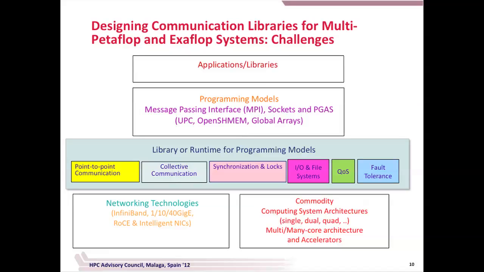Here you will see the standard library or runtime which comes into the picture. You can have an MPI runtime, or a library or runtime to support hybrid programming models. Inside that, you need to focus on things like point-to-point communication, collective communication, synchronization, I/O, file system, QoS, and fault tolerance.